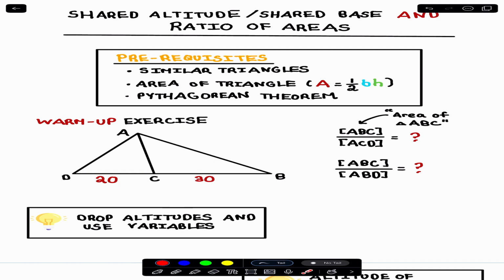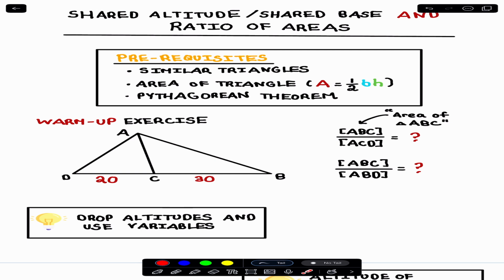Right, and you can see those triangles are all here. So this is triangle ABC, this is triangle ACD, and this is triangle ABD, this big one right over here. So let's answer these two questions and see if we find anything interesting.